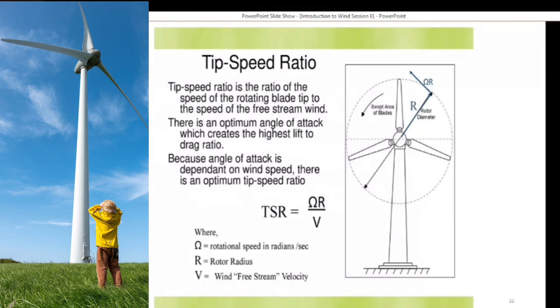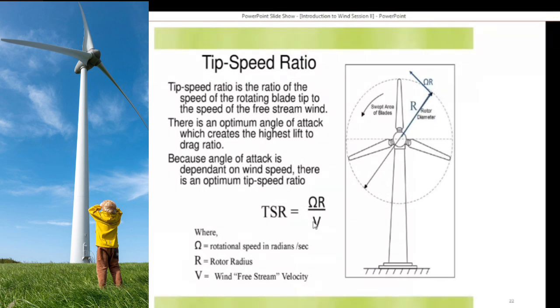And remember, for this rotational speed, there is a relation between linear speed and the radius. So it is the rotational speed times the radius over the velocity. And if we talk of velocity, it means the wind speed.